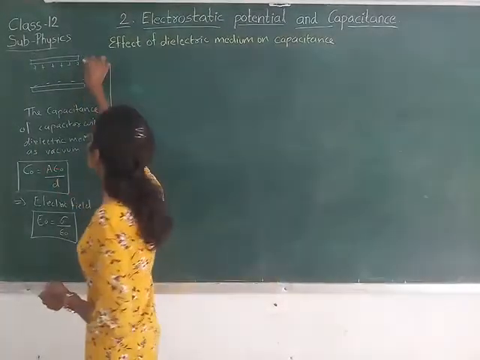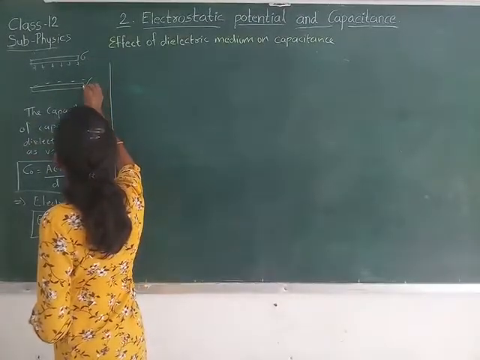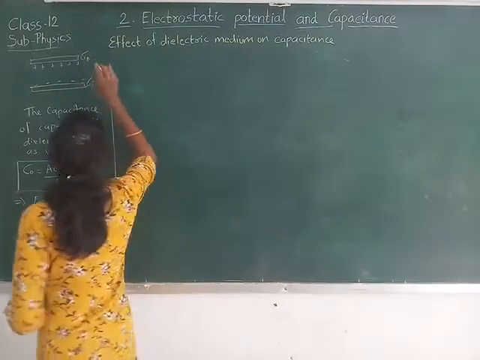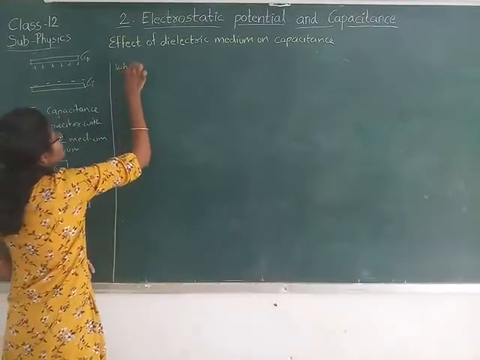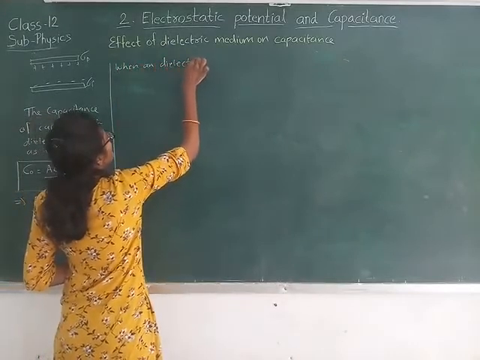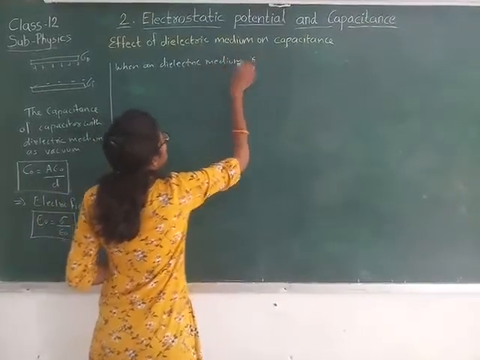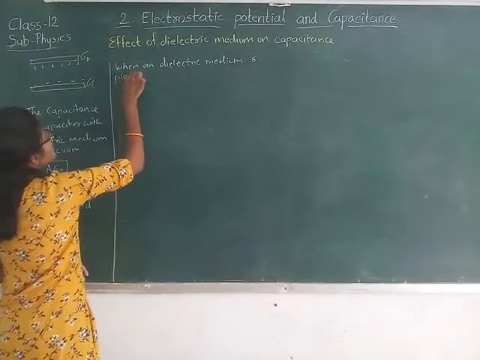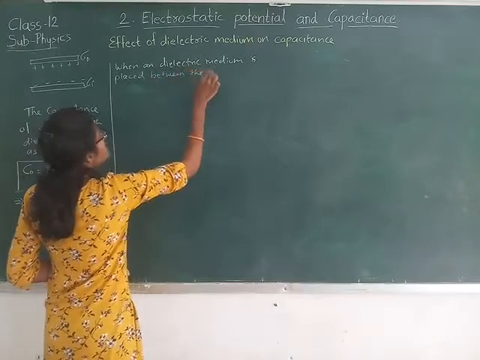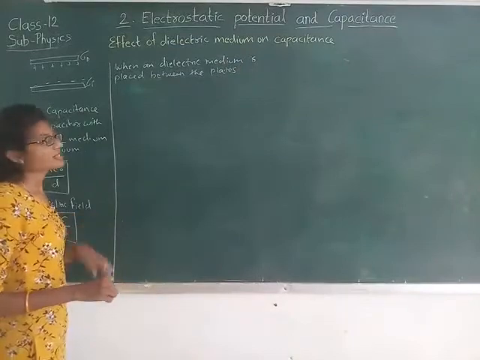So the surface charge density on one of the plates will be sigma, on the other it will be minus sigma, or let us denote it by sigma E. So when a dielectric medium is between the plates such that it occupies the whole region.